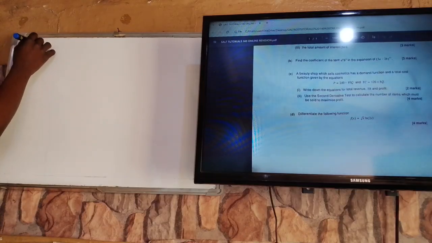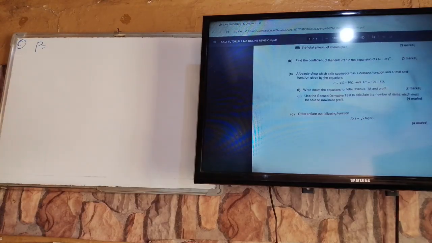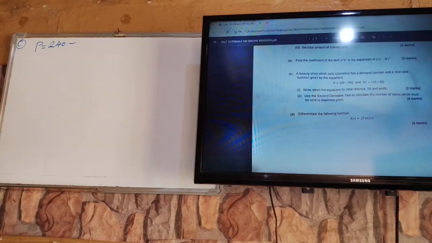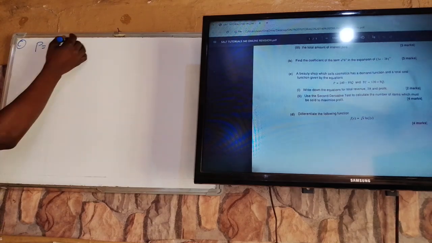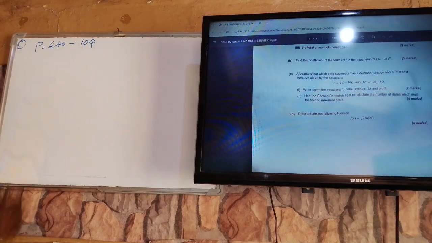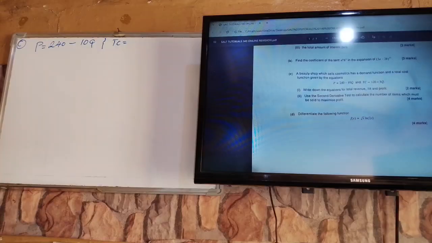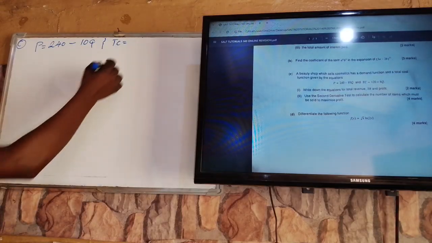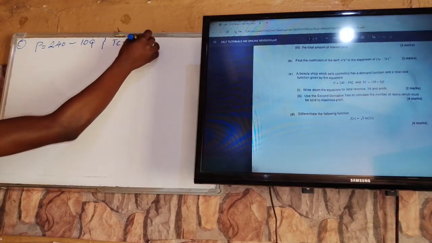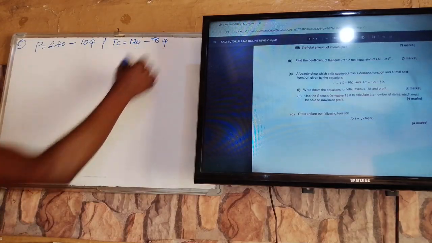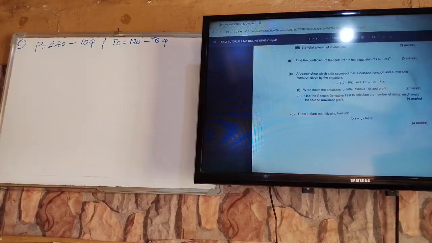So we have the demand function P equals 240 minus 10Q, and then it has a total cost of 120 minus 8Q. That's the demand function and the total cost function.